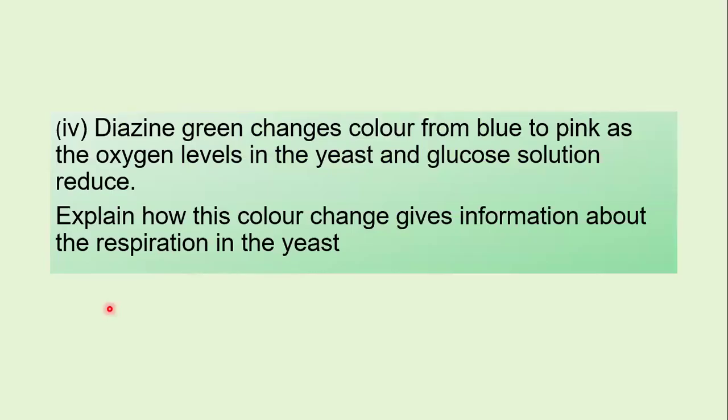So in this question they have added some extra chemical, and you don't have to worry, they have given how this dicing green is useful in this experiment, because it changes color according to the concentration of oxygen. When there is oxygen it is blue, but as oxygen decreases it changes its color from blue to pink. So they are asking, explain how this color change gives information about the respiration in the yeast.